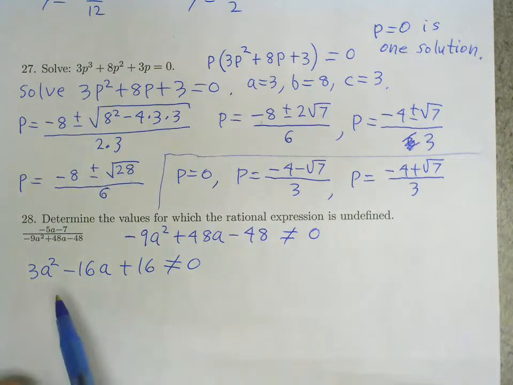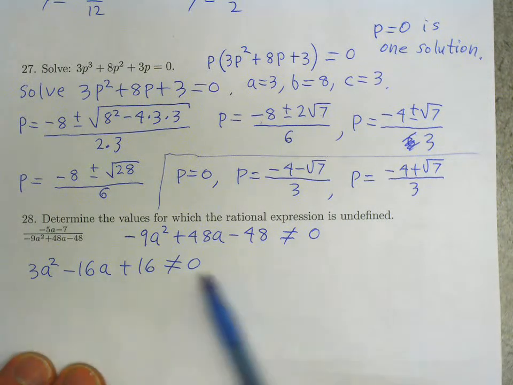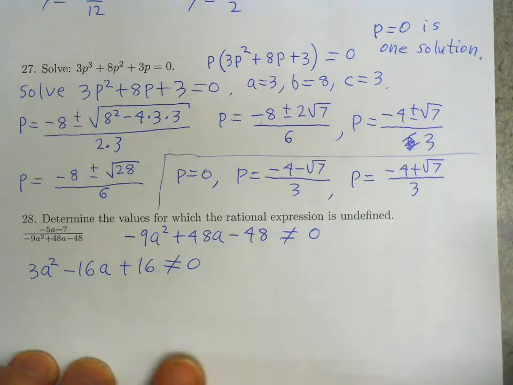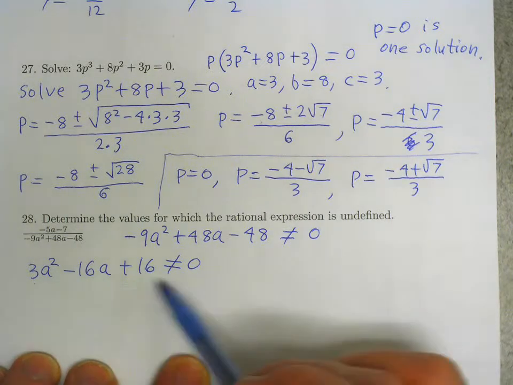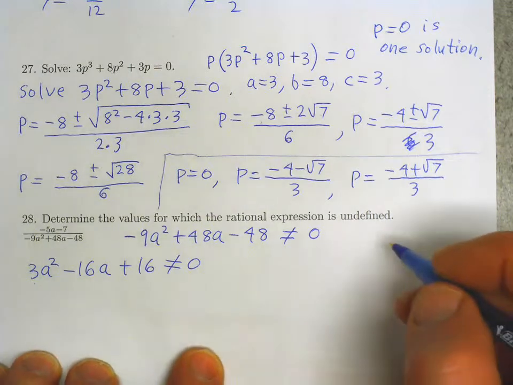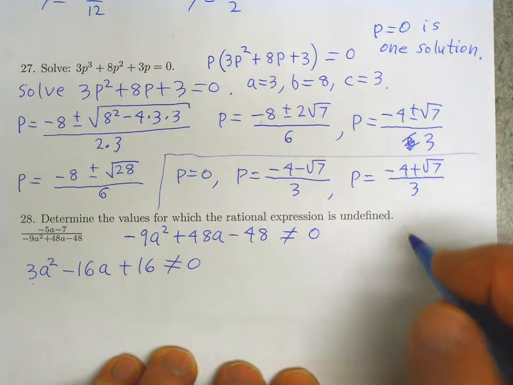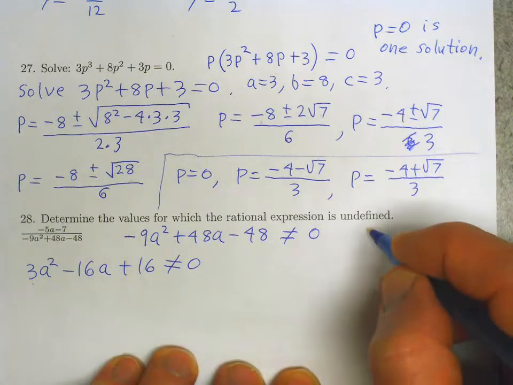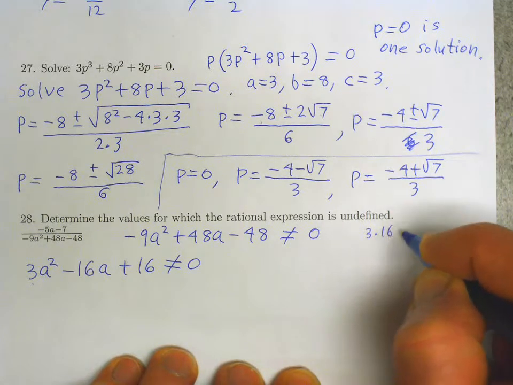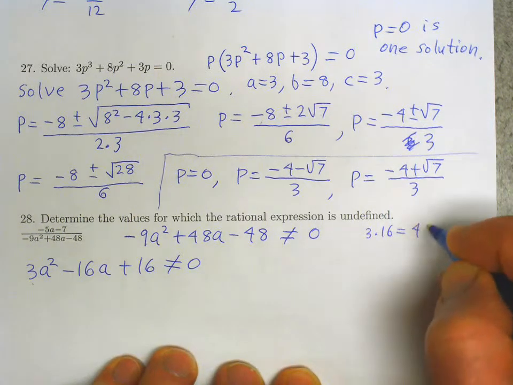Okay, we can solve this by factoring. So let's use the AC method. So we multiply 3 times 16, and we get positive 48.